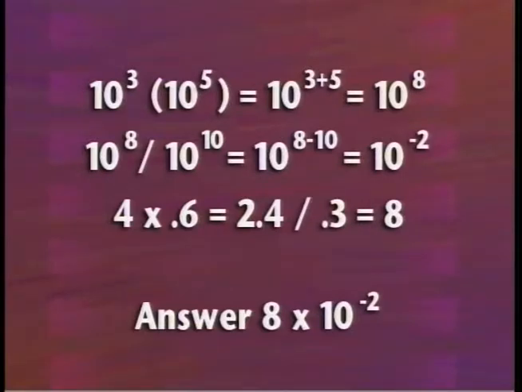To divide numbers with the same base, subtract exponents. So 10 to the 8th divided by 10 to the 10th is 10 to the minus 2. Then multiply the numbers. 4 times 0.6 is 2.4. Divided by 0.3 gives us 8. So it looks like the final answer is 8 times 10 to the minus 2. Answer J.